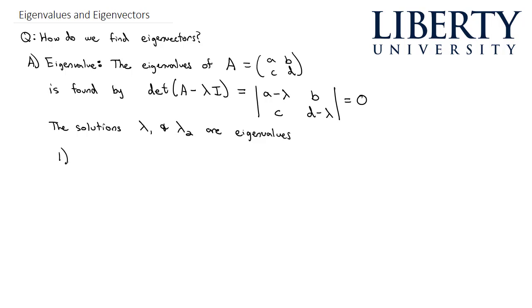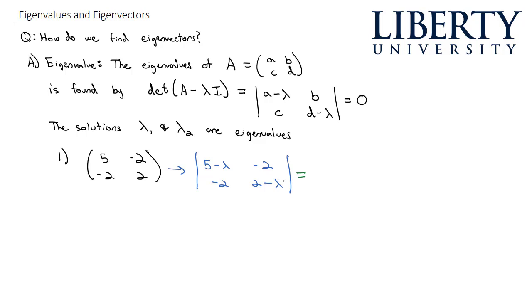So for example, if I've got the matrix 5, -2, -2, 2, and we want to find the eigenvalues of this matrix, what we'll do is we'll find the determinant of 5 minus lambda, -2, -2, and 2 minus lambda. Notice we subtract lambda from the top left going down the diagonal.